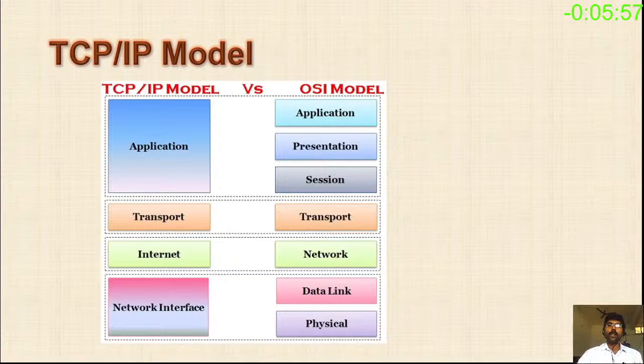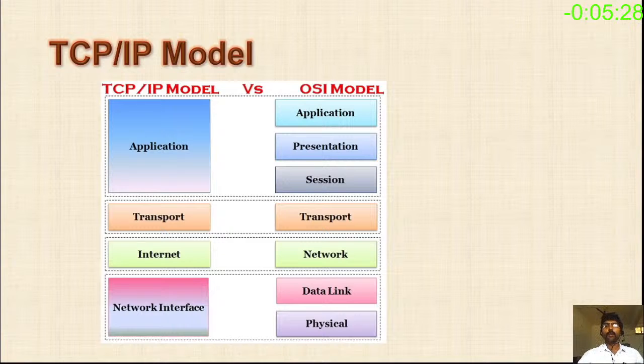Two protocols are there, mainly the Internet Protocol and the Internet Control Message Protocol, that is ICMP. These protocols are not reliable. There is no guarantee that the data transmitted by these protocols is received at the destination.